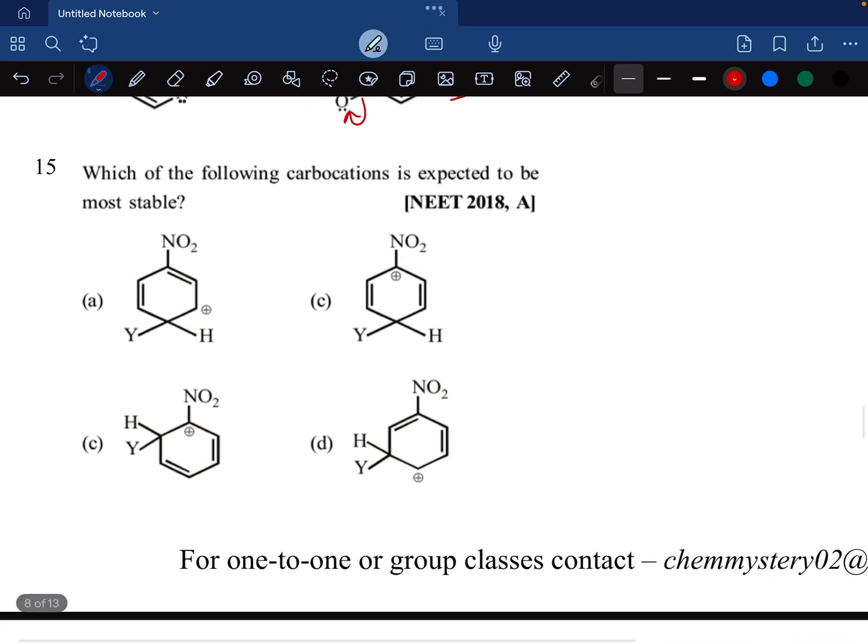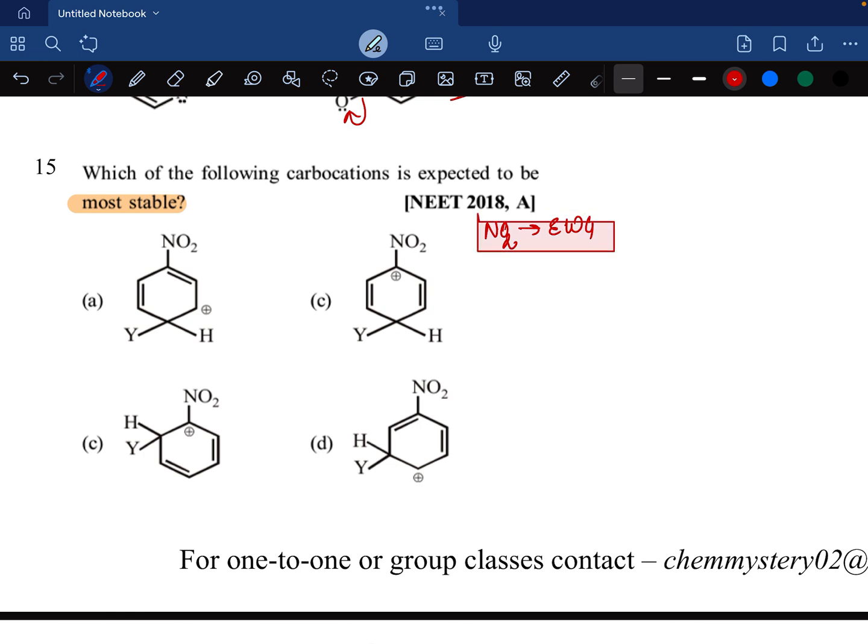Done. Which of the following carbocations is expected to be most stable? I need to find the most stable carbocation among the following. What kind of group is the nitro group? It is an electron withdrawing group, so it withdraws electron density from the ring.